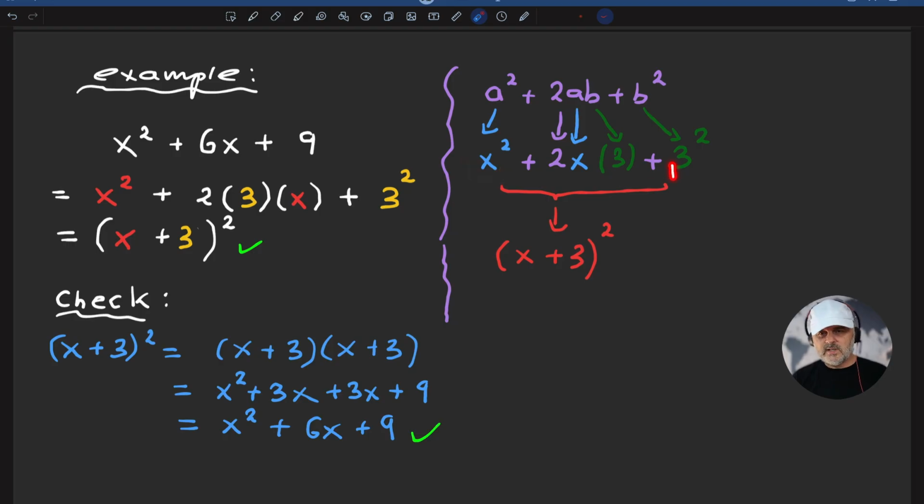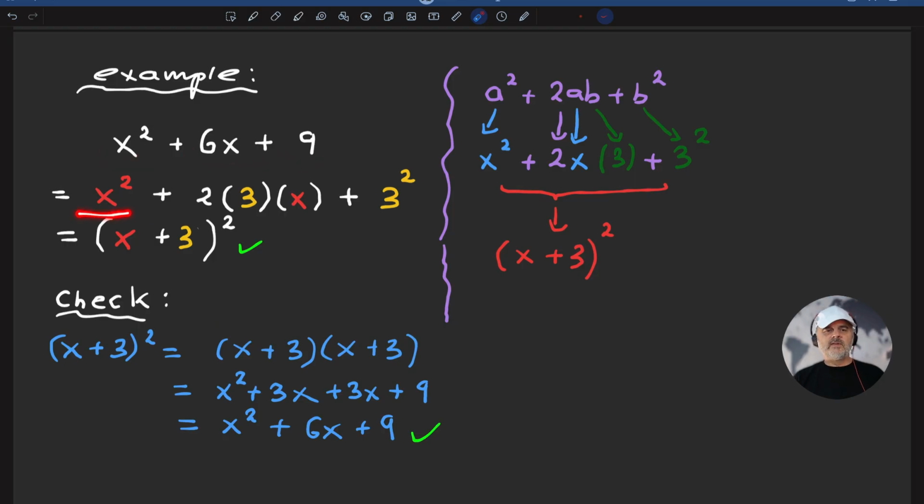The last one is 9, this hidden perfect square number, so this is 3 squared. And the middle term has 2 times first, which is times x, times 3. So in totality, 2 times x times 3 is 6x, obviously. So that matches exactly the given question, x squared plus 6x plus 9.